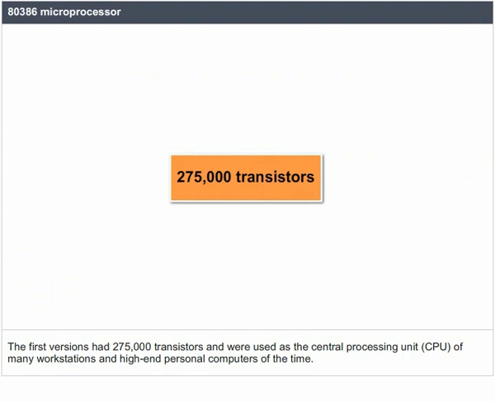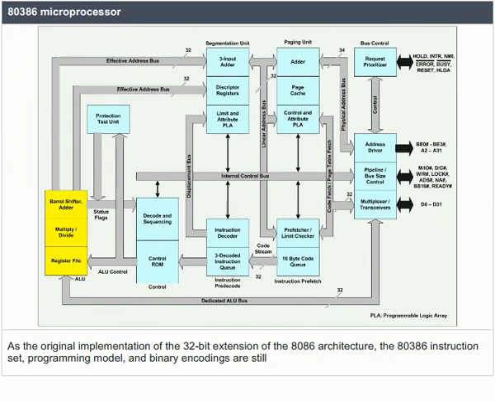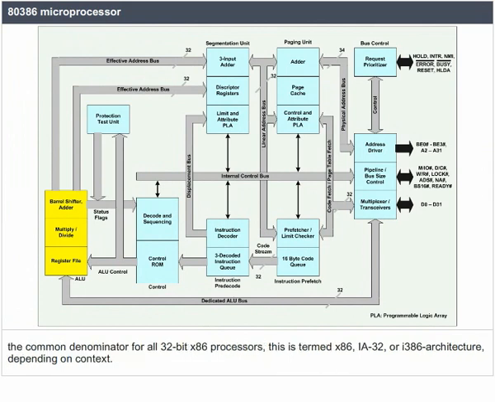As the original implementation of the 32-bit extension of the 8086 architecture, the 80386 instruction set, programming model, and binary encodings are still the common denominator for all 32-bit x86 processors. This is termed x86, IA-32, or i386 architecture, depending on the context.